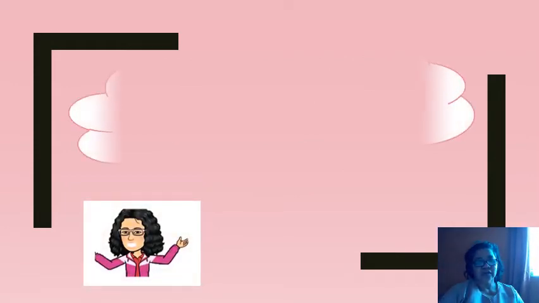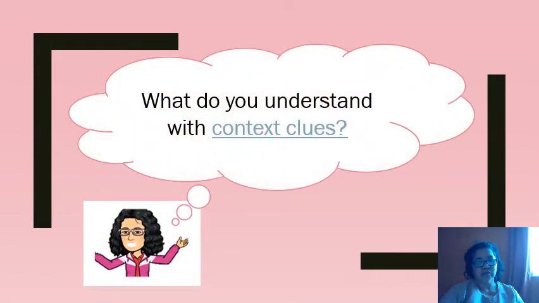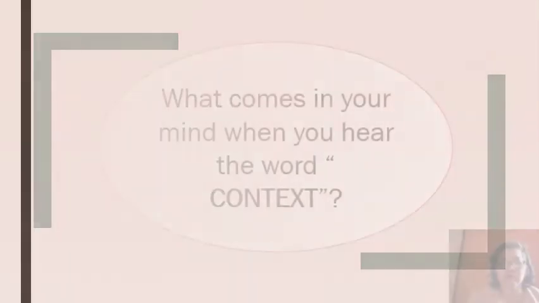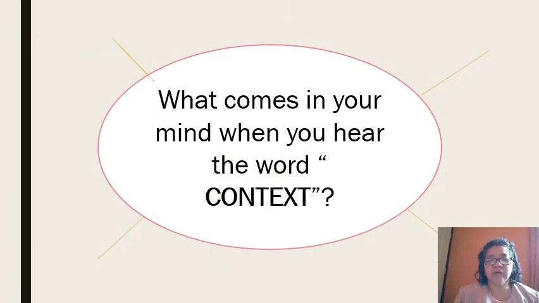What do you understand with context clues? What comes to your mind when you hear the word context? Can you give words that you would associate with the word context so that you could understand what we mean by context clues?